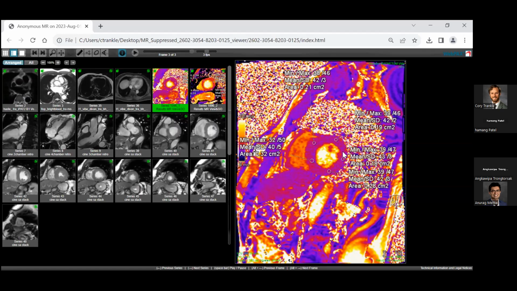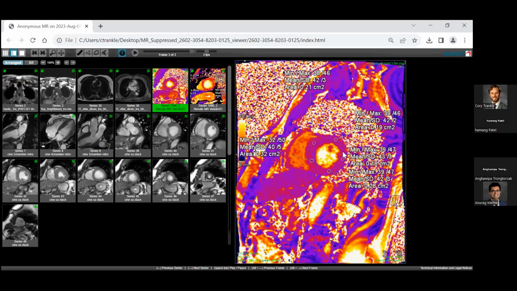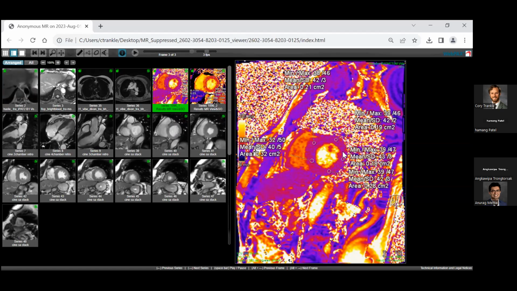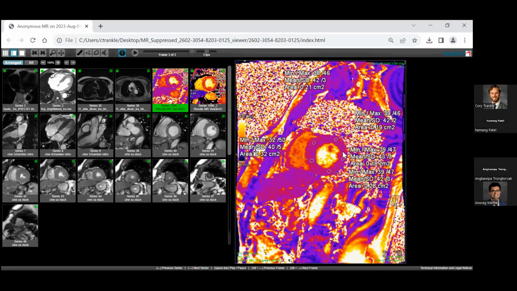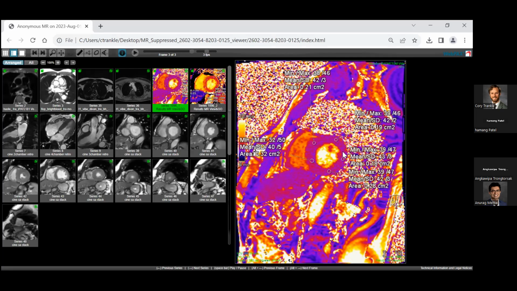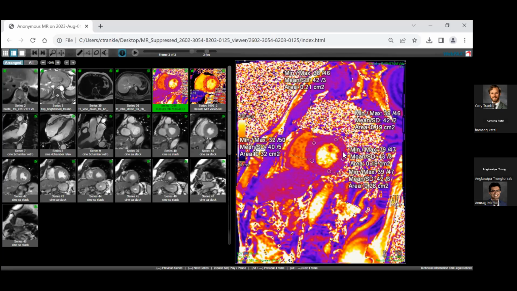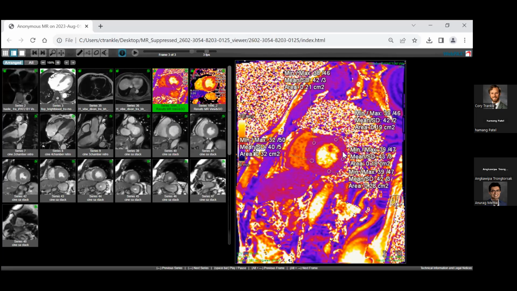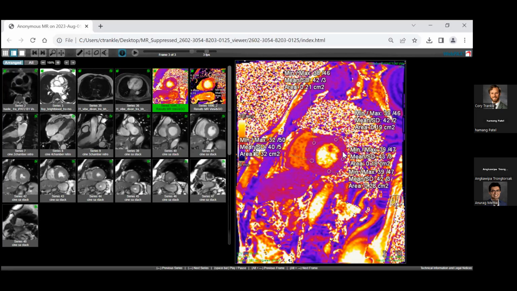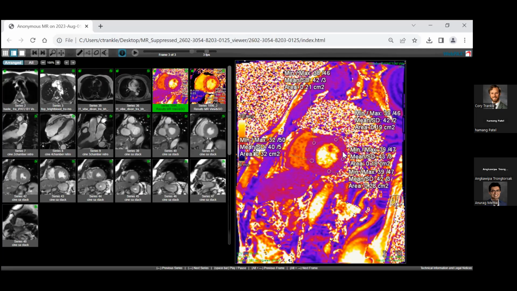What else? Probably the more important one we've missed. Ischemia. Not ischemia, but injury, a myocardial infarction in the acute setting. What happens? The myocytes die, their membranes become permeable, and there's excess water there.